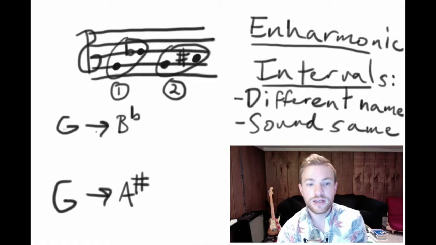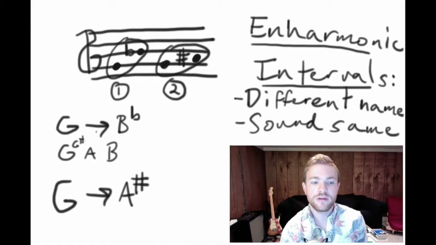So if we look at a G to a B flat, let's figure out how we'd name that. Well, we have a G, an A, and a B. There are three letters in that interval, so it'd be some kind of third, right? And then we'd have a G to a G sharp, A sharp.